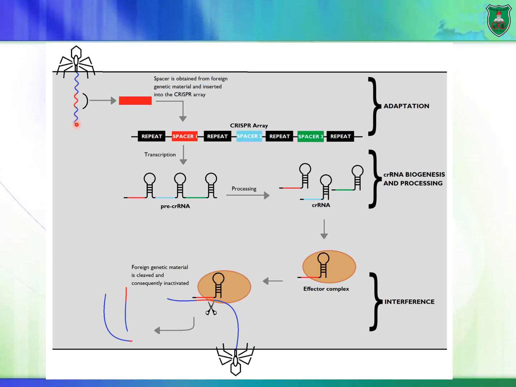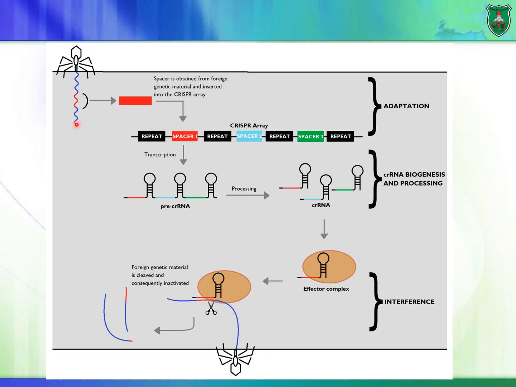Now, they take over the whole system, okay? And then they multiply inside cells, and cells eventually rupture, releasing a lot of bacteriophages that would travel and infect neighboring cells and so on. So that's how they multiply.